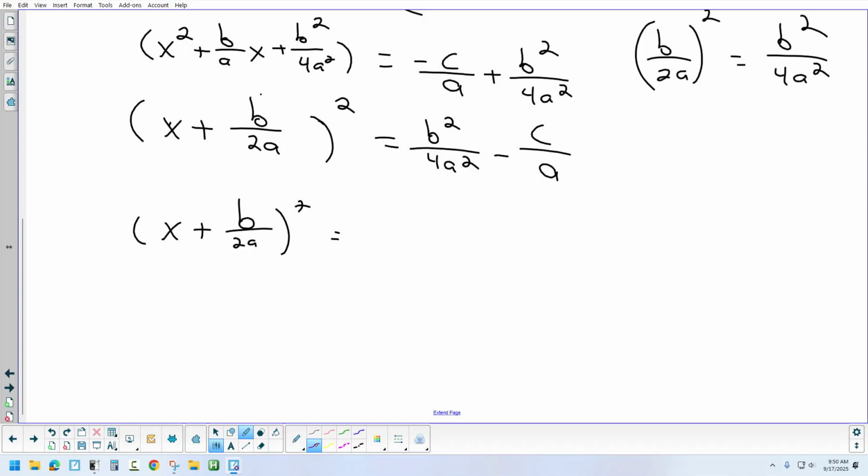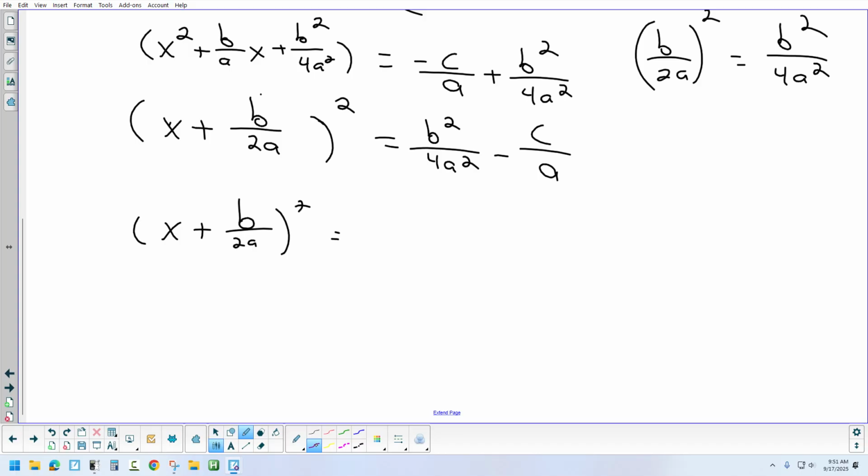When you want to do subtraction with fractions, there's a rule. You can subtract two fractions that are different as long as they have the same denominator. What would be your common denominator between these two? 4a squared. Yep, 4a squared, exactly.